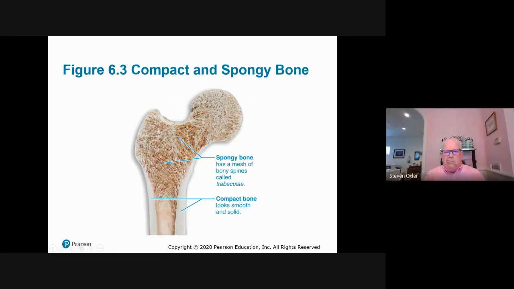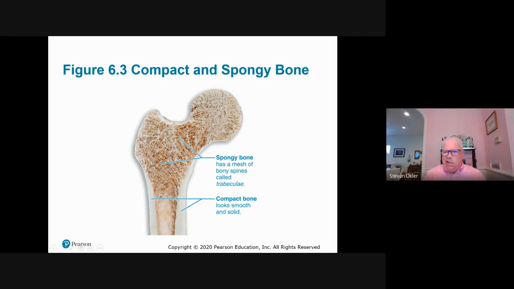All right? Here, spongy bone, trabeculi. Inside of this is red bone marrow. Okay? This happens to be your femur. This is the head of the femur, which attaches to your hip.